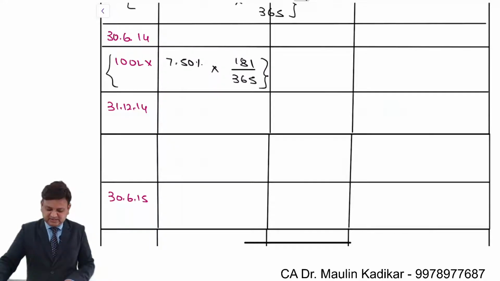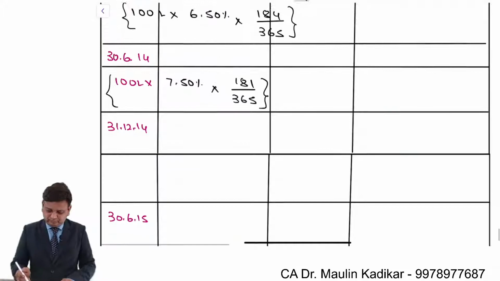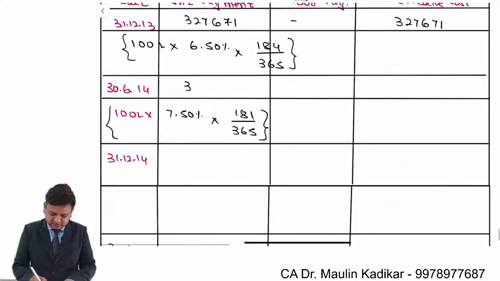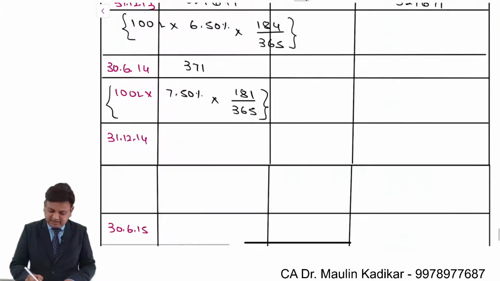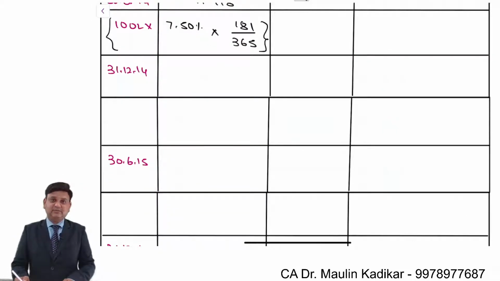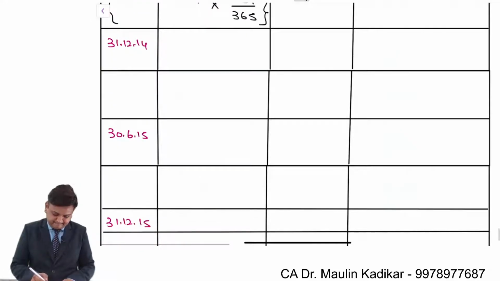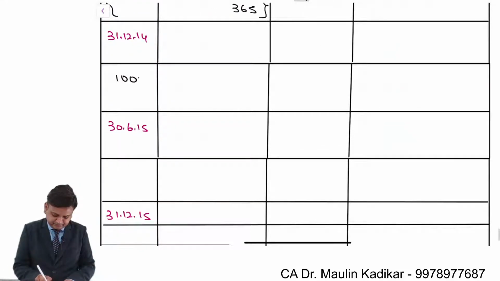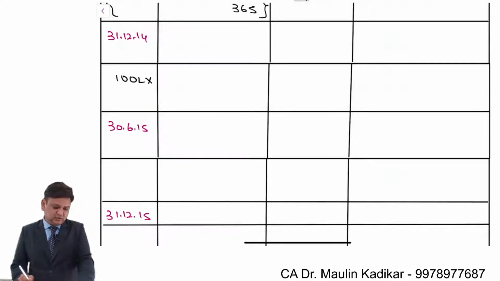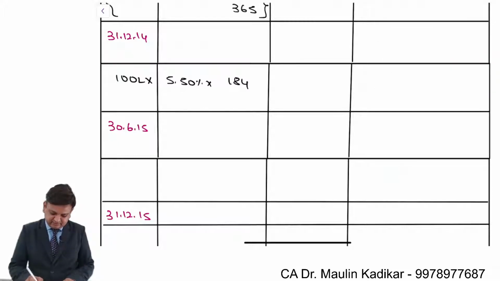So 100 lakhs into 7.5% into 181 divided by 365. So 3,71,918. Then 31st of December 2014, in that, 100 lakhs into 5.5 percentage into 184 divided by 365.